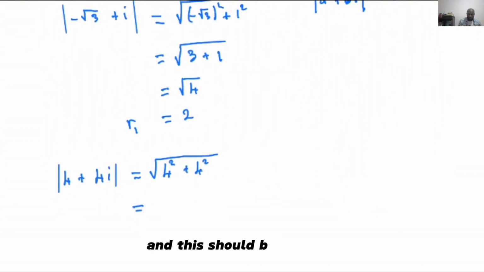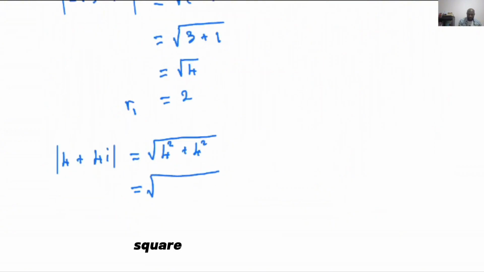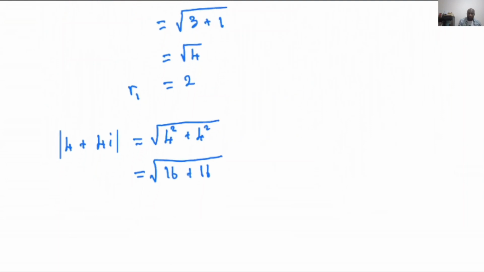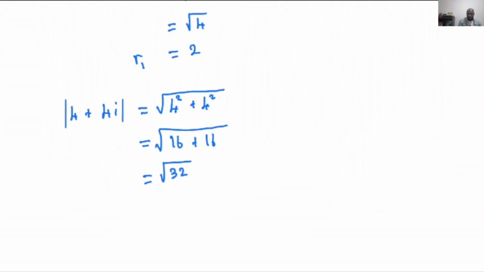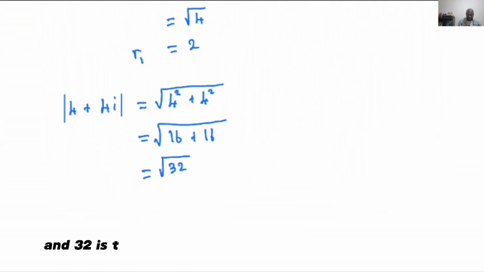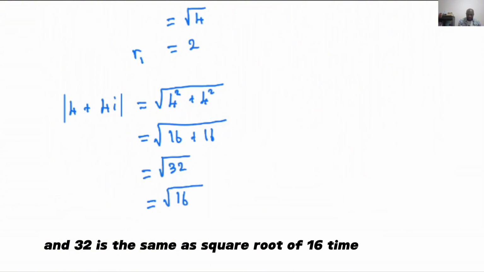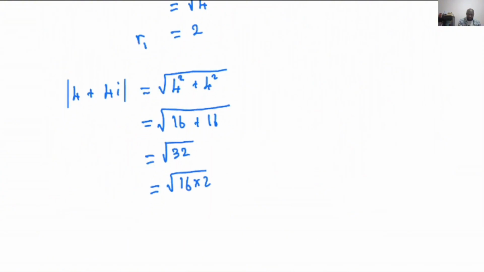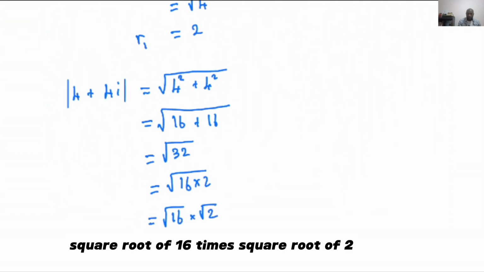And this should be square root of 16 plus 16. 16 plus 16 is 32. So this is square root of 32. And 32 is the same as square root of 16 times 2, which can be written as square root of 16 times square root of 2.